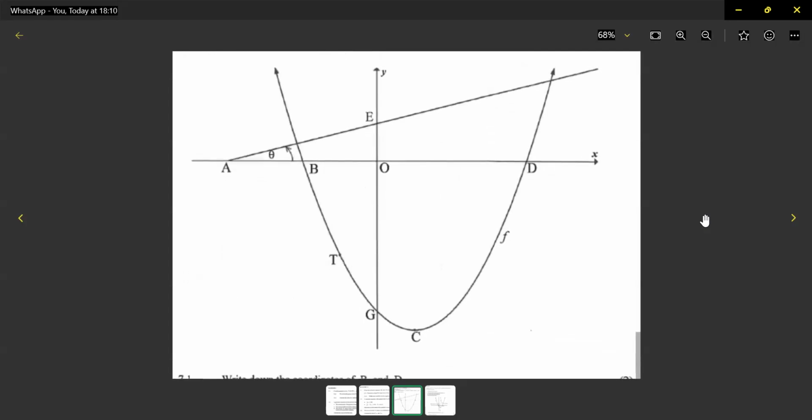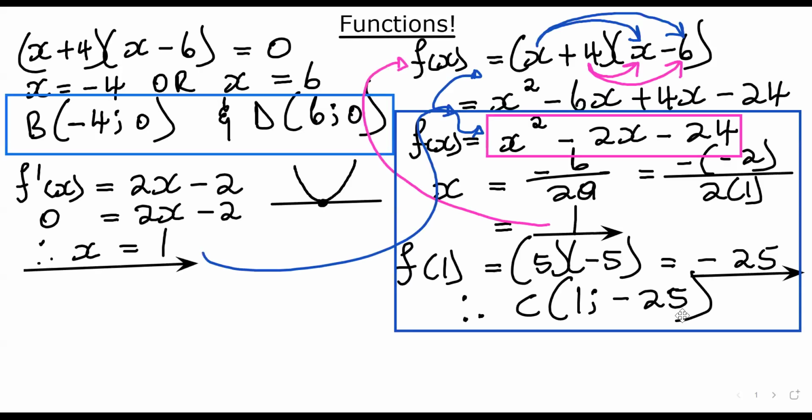So then, since we know it begins at the turning point and it ends all the way at infinity, this is how we are going to state the range. And you can state the range in one of two ways, bearing in mind that the y-coordinate of the turning point is negative 25. So this is what you can say. You can say the range is all the values of y.